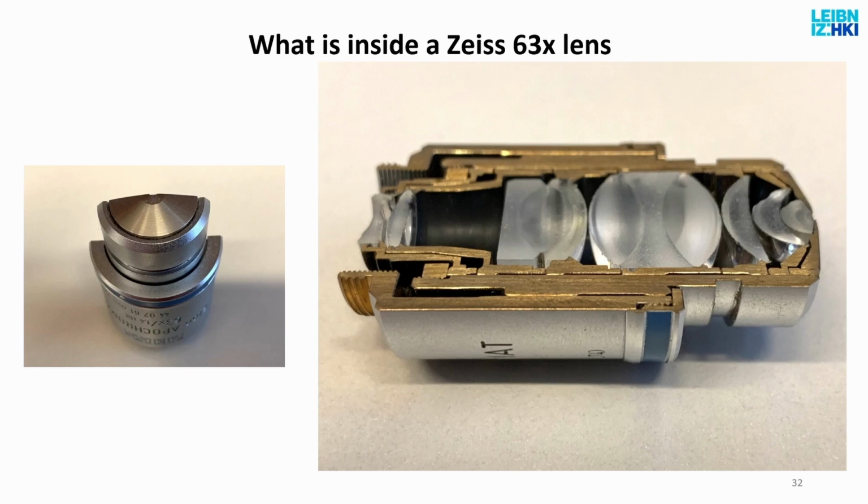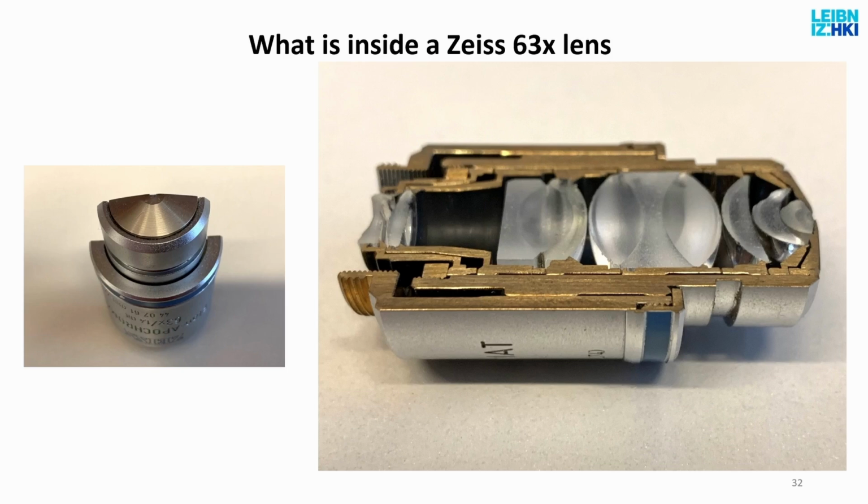They replace the damaged glass, which usually is the front element that gets damaged because people crash it into the microscope stage. Or you use the wrong immersion liquid and it dissolves the glue that keeps this lens in place.